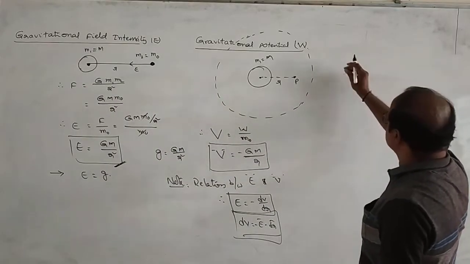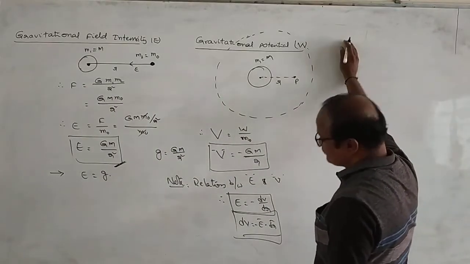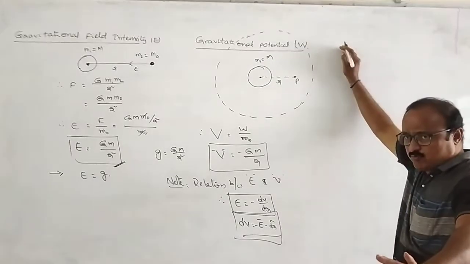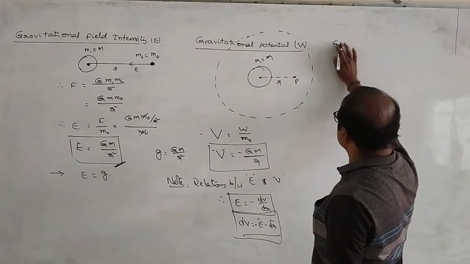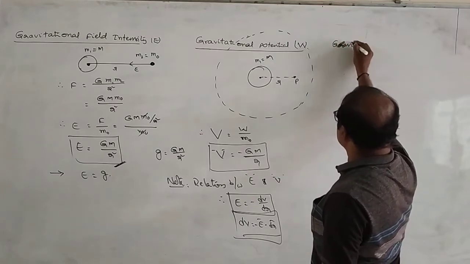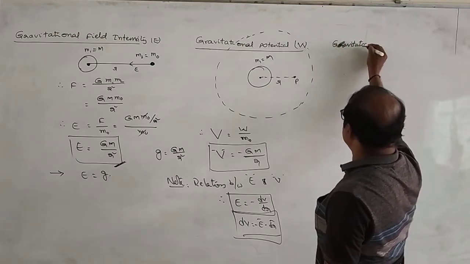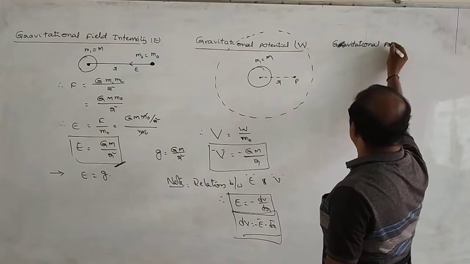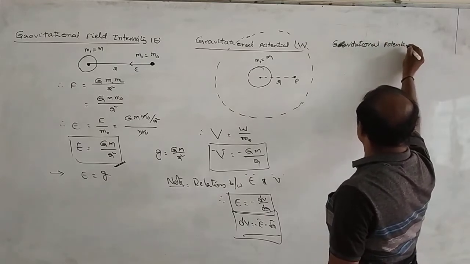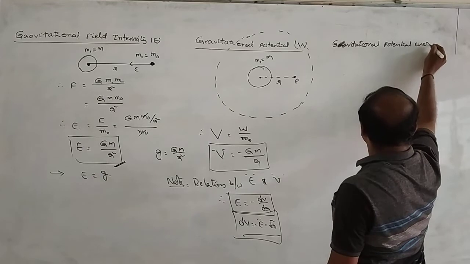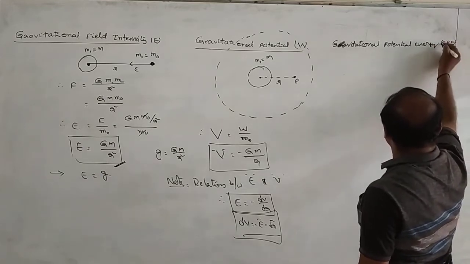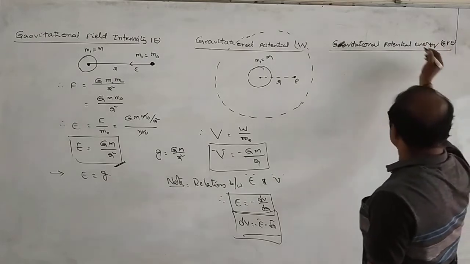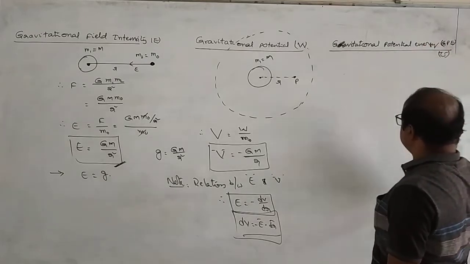So the next one is, how do we define gravitational potential energy? Gravitational potential energy, we indicate it with U. What is its formula?